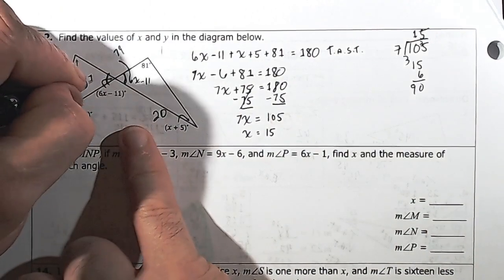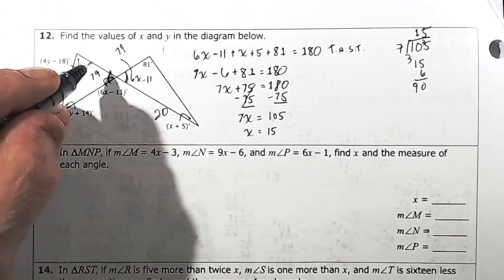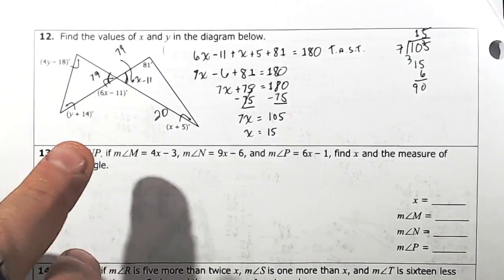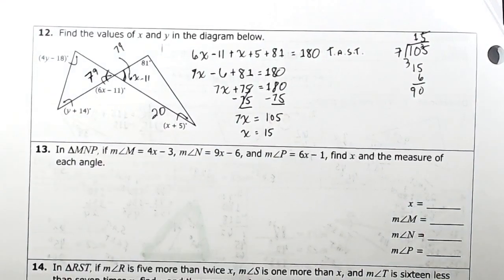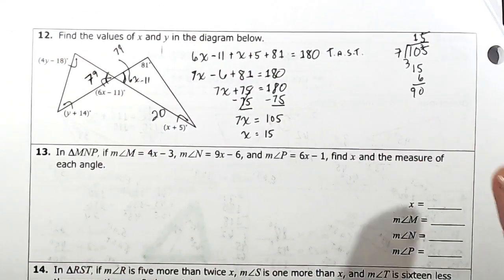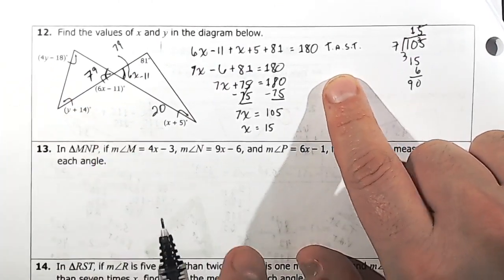And this angle here is 79 by the vertical angle theorem. Well, now that we know that, we can solve using the triangle angle sum theorem. We can do the same thing over here for y, because now we know that this is 79. I don't know if I'm going to run out of space or not. I probably shouldn't have written this here. Let me try to squeeze it in.